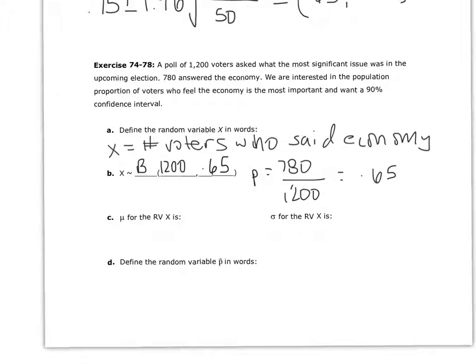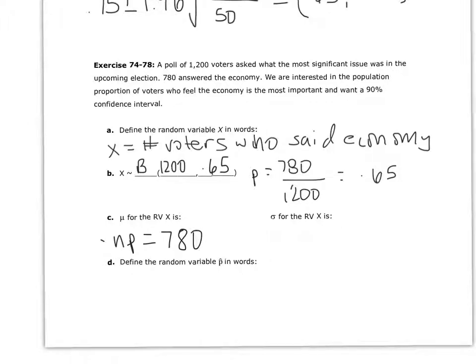Okay, we can use that to come up with a mean and standard deviation for that random variable x. The mean we get by taking n times p. Well, n times p is just undoing what we did right here, so that is going to get us back to 780.